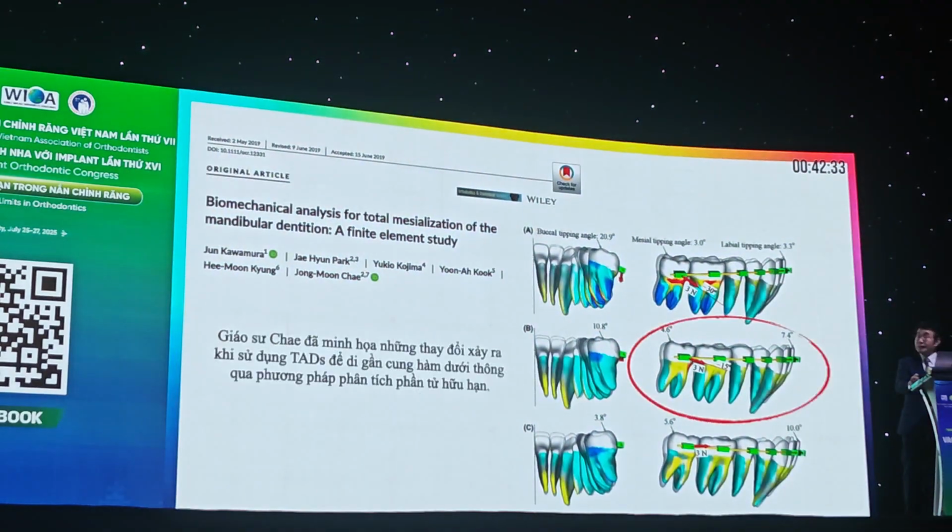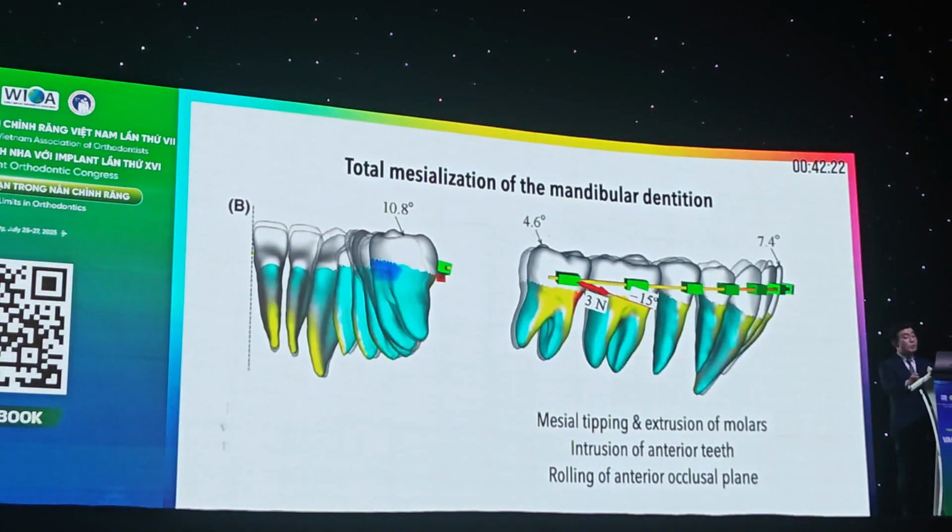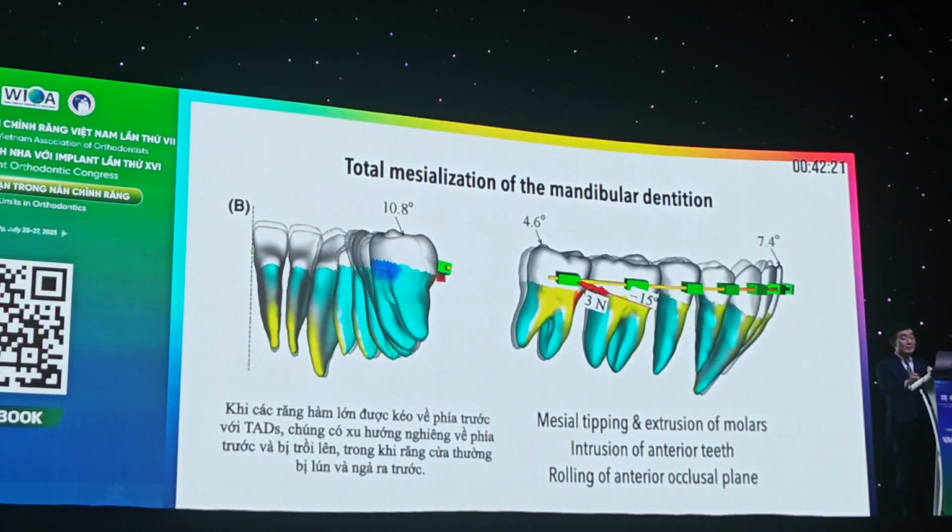Professor Chae illustrated the changes that occur when utilizing TADs to protract the mandibular arch through finite element analysis. When the molars are protracted with TADs, they tilt forward and become extruded, while the incisors typically exhibit intrusion and protrusion.